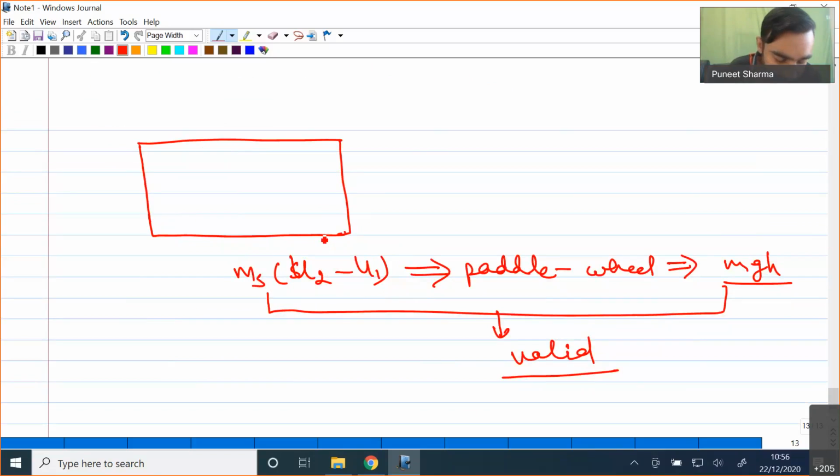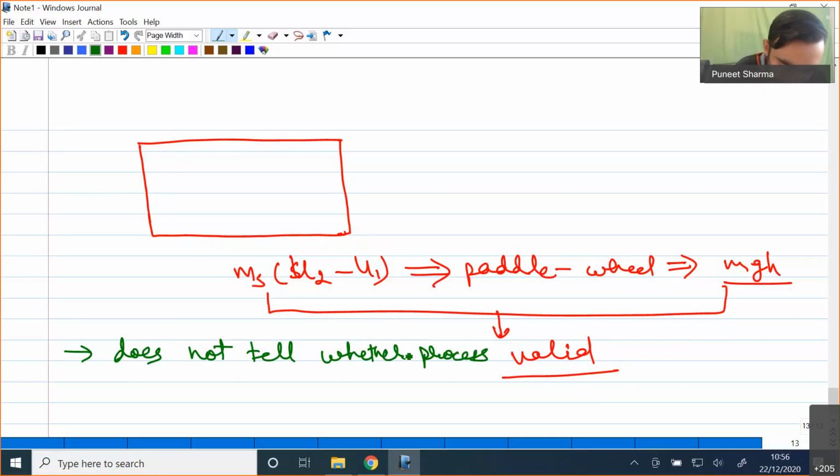So it means the first law of thermodynamics does not tell whether a process is feasible or not. Moreover, in this particular process, in one direction it is possible and in the second direction it is not possible.